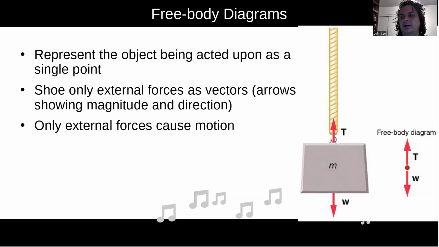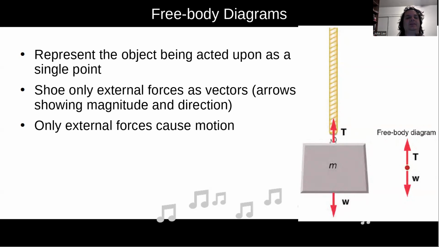From looking at these vectors, we can tell which way the net force is going to go. In this case, we have tension pulling up and weight, which is the force due to gravity, pulling down. Because the object is just hanging from a rope and not accelerating downwards, tension would be equal to the weight of the object.